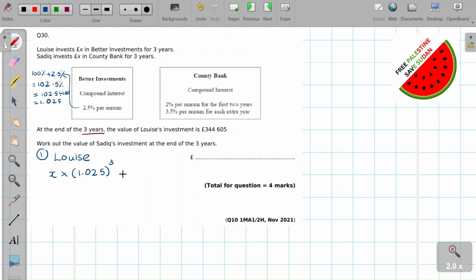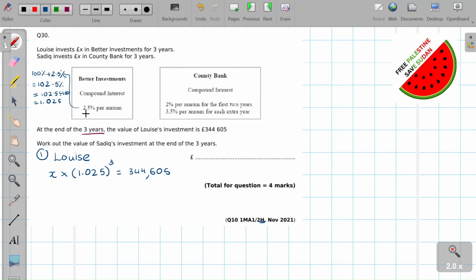and that would give you, this is paper 2H as well, calculator, 344,605 pounds. Okay, so X being the initial amount, the principal, 1.025 how much it's increasing each year, and because it is done 3 times, then you do that.